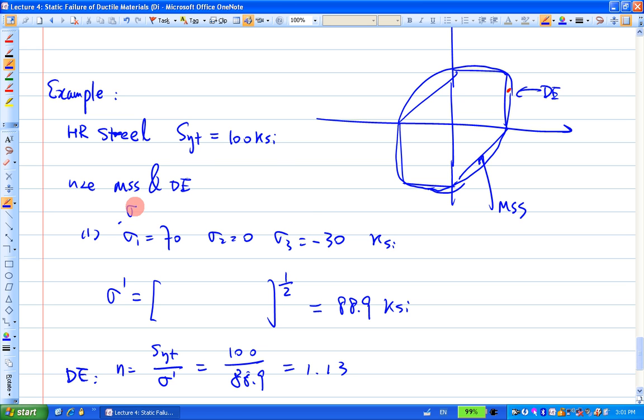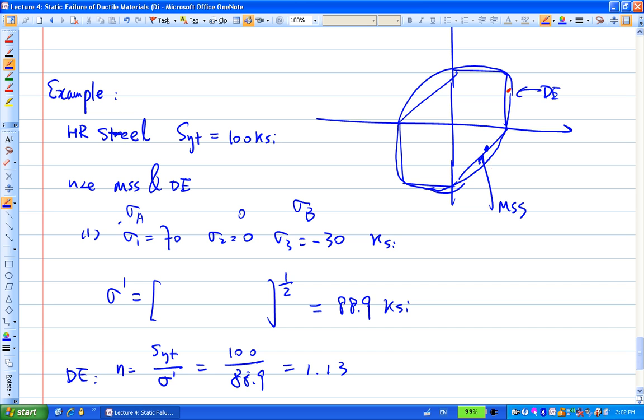So which means this is my sigma A and this is sigma B here. So basically, it's somewhere in this region here. And for MSS, it's right on the edge, but there's still a little bit of space here to the DE boundary.